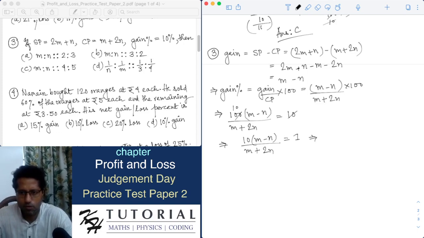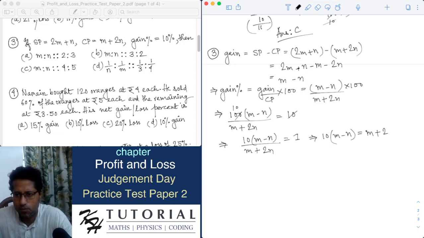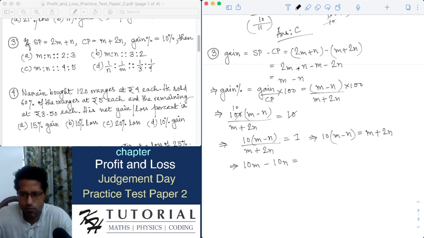If we do cross product, we get 10 into M minus N equals M plus 2N. Now if you open the brackets on the left hand side, we get 10M minus 10N equals M plus 2N.